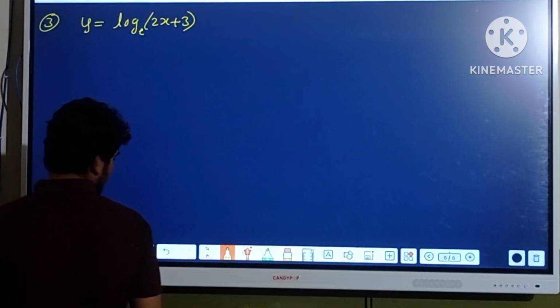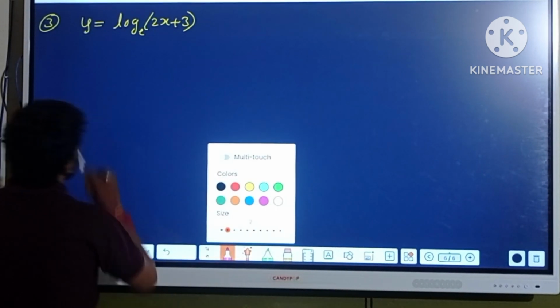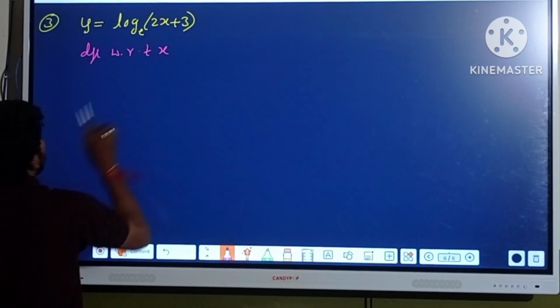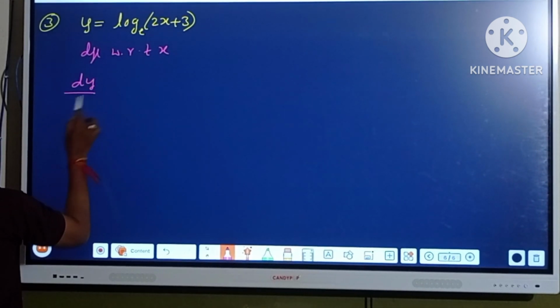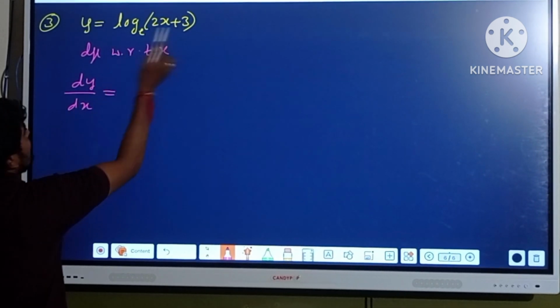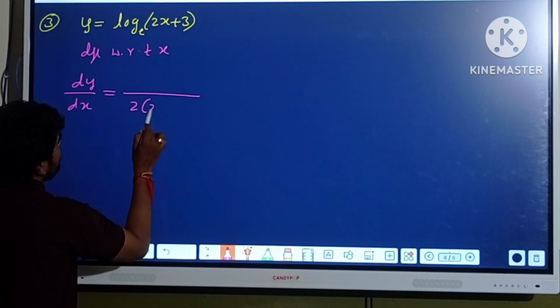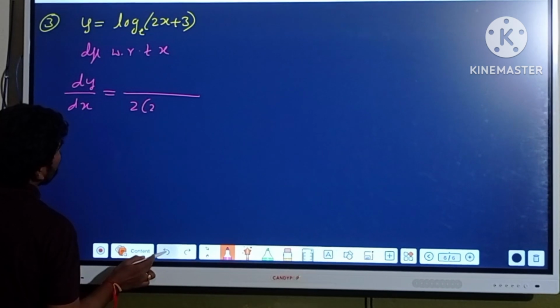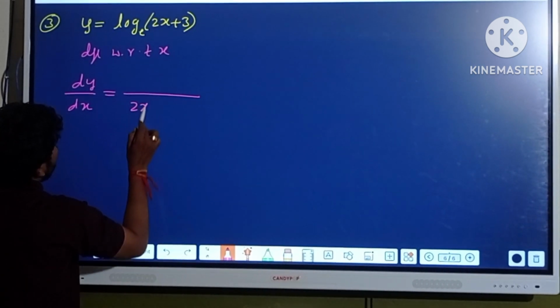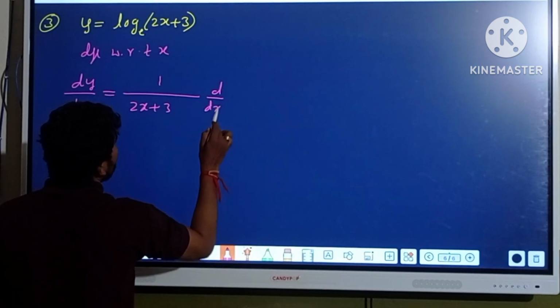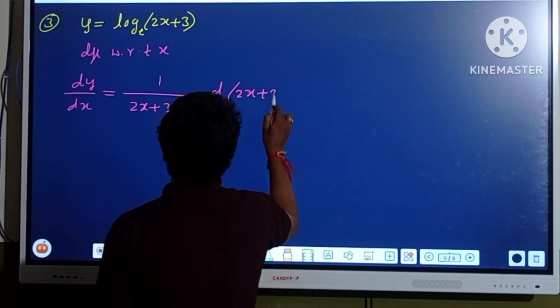So now we need to find the derivative of this function. For that, differentiate with respect to x. We know that derivative of log of something is 1 divided by something, that is 1 by 2x plus 3 into derivative of 2x plus 3.